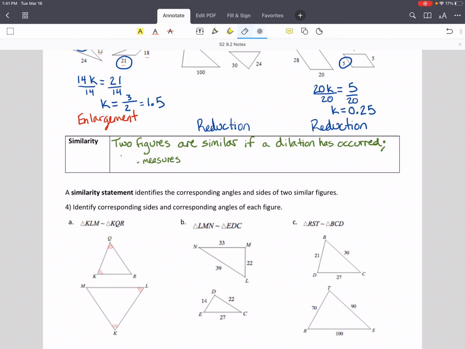I'm going to say corresponding angles. So corresponding angles are congruent.